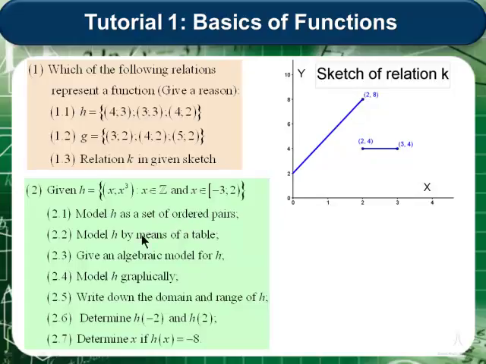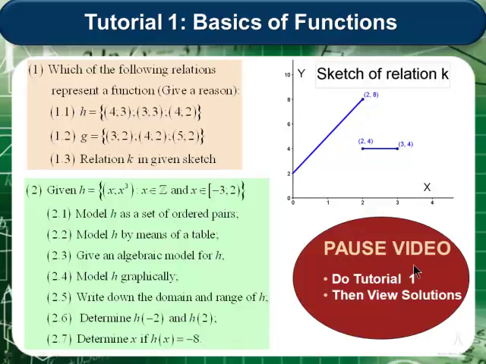Then you need to model it in different ways. Firstly, as a set of ordered pairs, then by means of a table, by means of an algebraic model, and graphically. And I also want you to write down the domain and the range, to determine the image of the function h for the value -2 and the function value h(2), and in the reverse direction you need to find the input if you know that the output is -8.